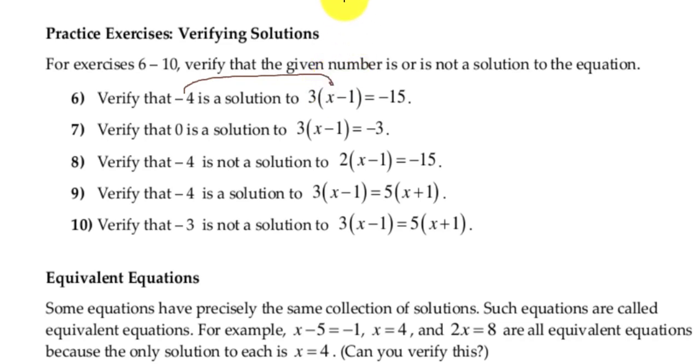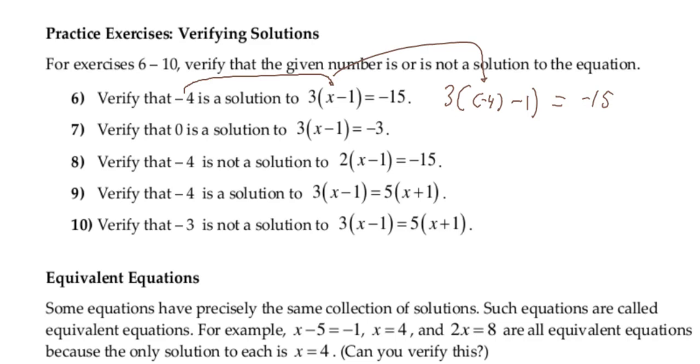So I like to rewrite the problems. So I'll rewrite it. And now anywhere I see a variable, I'm going to replace it with an open set of parentheses. And then I'll drop the variable into those parentheses. So this negative 4, I'm going to put in here.